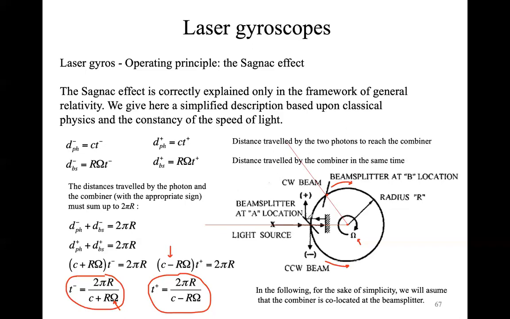And since the detector is still, the two beams are going to have a path equal to 2 pi r, so the entire path of the ring. In this case, the two beams are going to approach the detector with the same frequency.